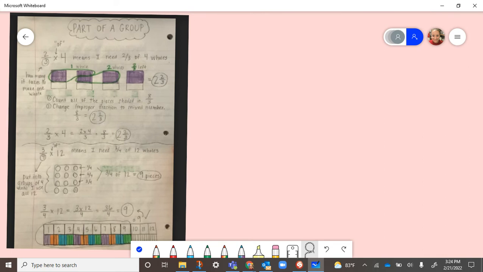All right, so on the bottom here, we've got 3/4 times 12. And so again, this means 3/4 of 12. So let's say that we have 12 of something.